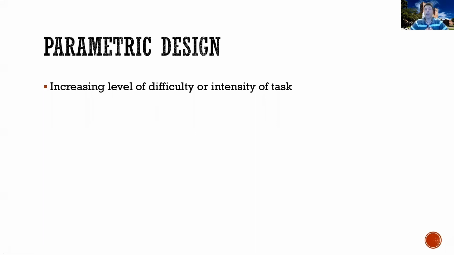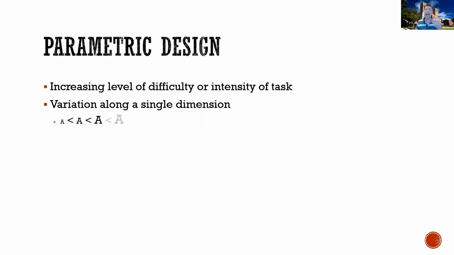Another design is known as parametric design. The idea is to vary some feature of your stimuli parametrically. For example, you might take a sound and make it louder and louder.